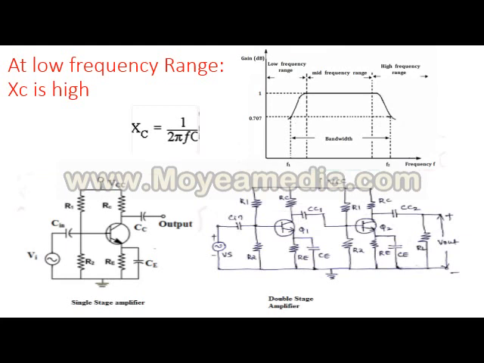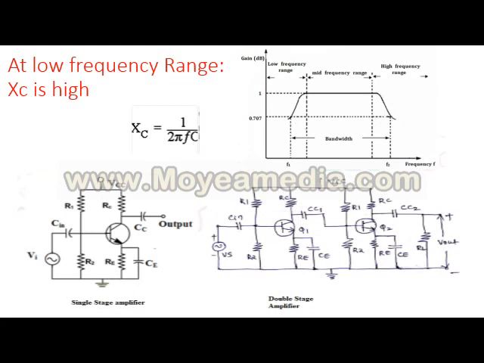As a result only a small part of the input signal will pass to the transistor. Okay, only a small part of the signal is coming because Cin, the coupling capacitor, offers high reactance. So as a result, the gain decreases in this low frequency range.